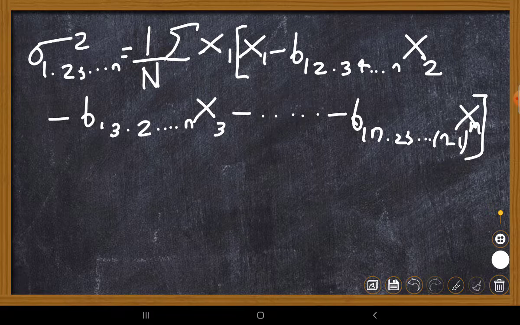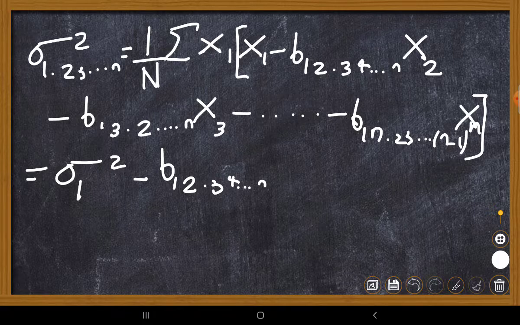Now you distribute this 1 by n summation x1 inside the bracket. The first term will be 1 by n summation x1 square, and that is nothing but sigma 1 square. The second term will be minus b12.34 up to n, 1 by n summation x1 x2, that will be r12 sigma 1 sigma 2.